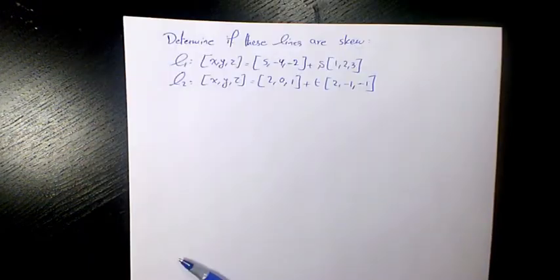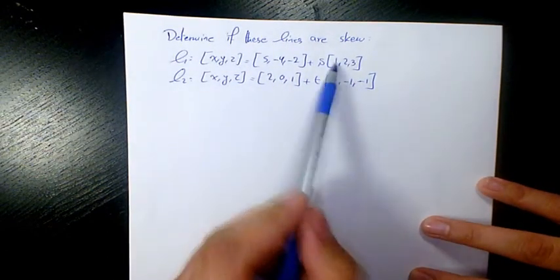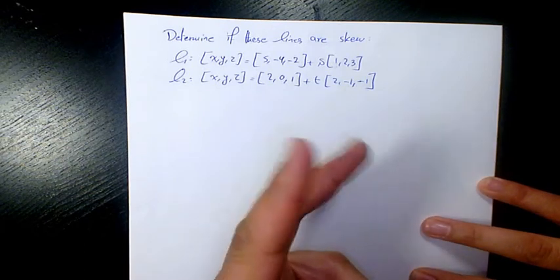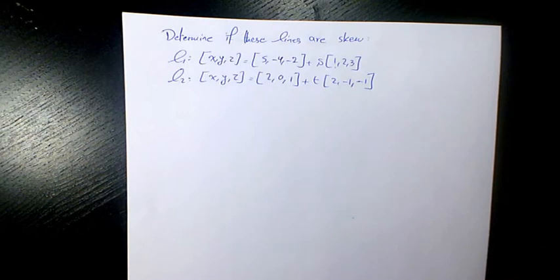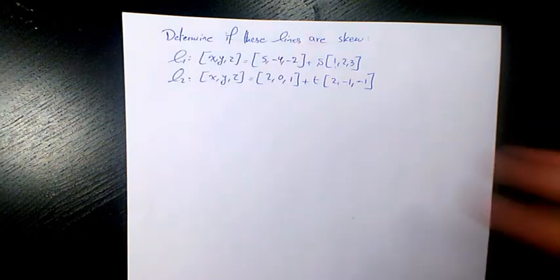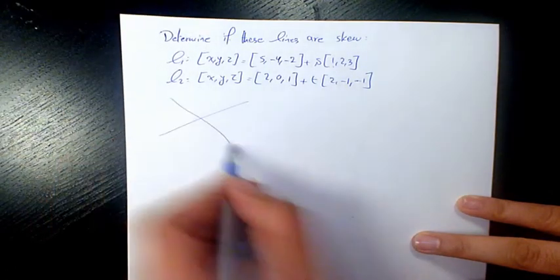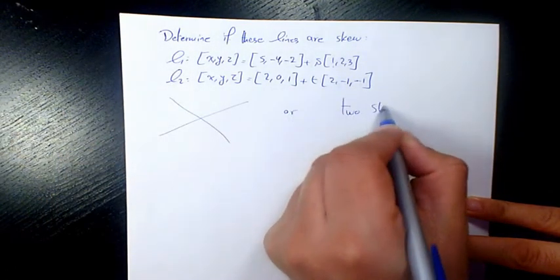Now we have another example very similar to the previous one, so we need to do the same procedure. As you see here, we are not dealing with parallel lines, so we have two cases. Either they intersect at one point, or we are dealing with two skew lines. Let's check that.